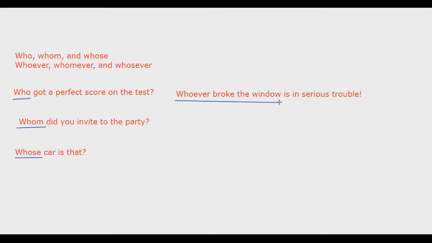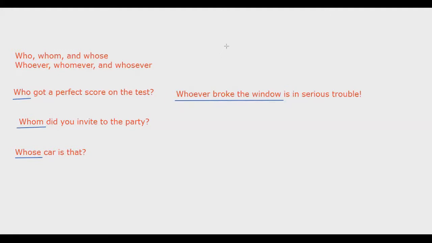It's a noun clause, because this whole thing is a subject. And this here is the verb. But the point is that whoever is essentially the central subject, and the rest of this part is just the rest of the subject, but whoever is the main part of the subject.